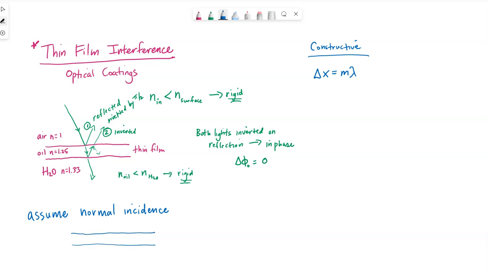So here's our thin film. If you remember, normal means perpendicular to the surface. So we're going to assume the light coming in is hitting this surface at a right angle, which means the light that is transmitted through hits the next surface at a right angle, and the light that transmits through keeps going.